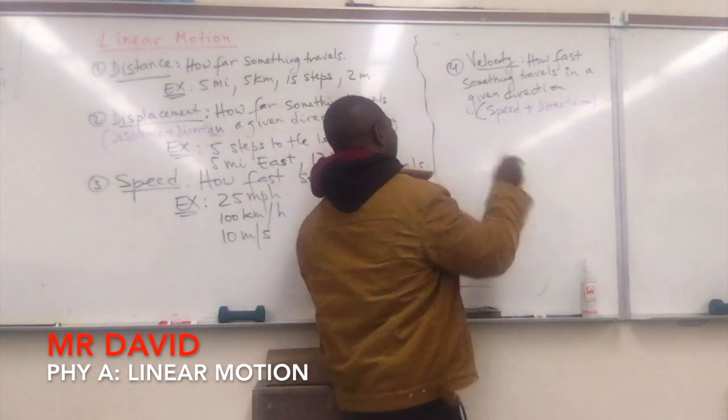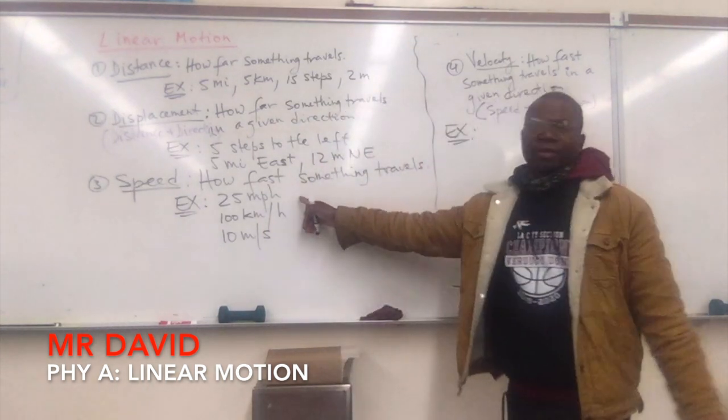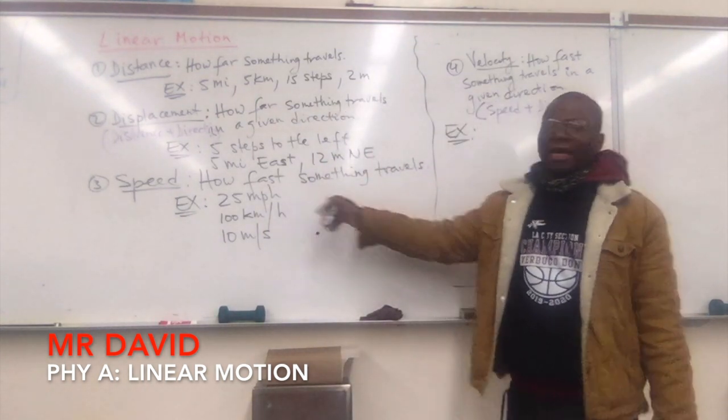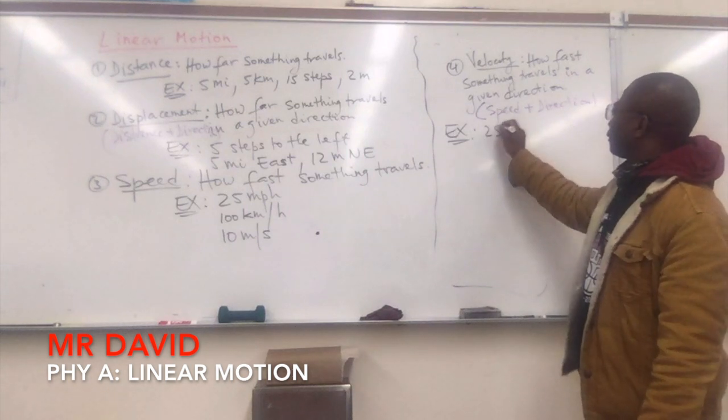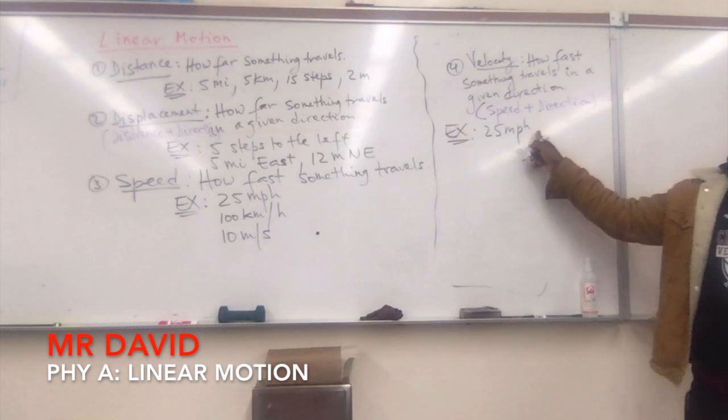Example. We're going to use the same number from here, 25 miles per hour. We need to add direction to it. So somebody give me a direction. East, okay?